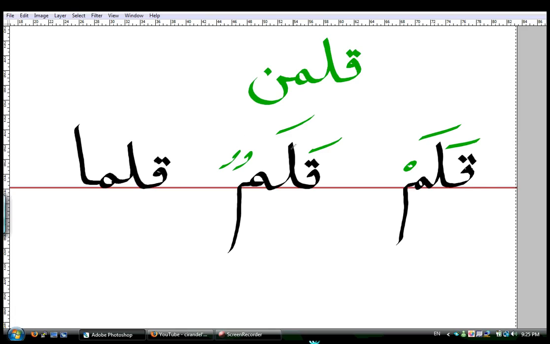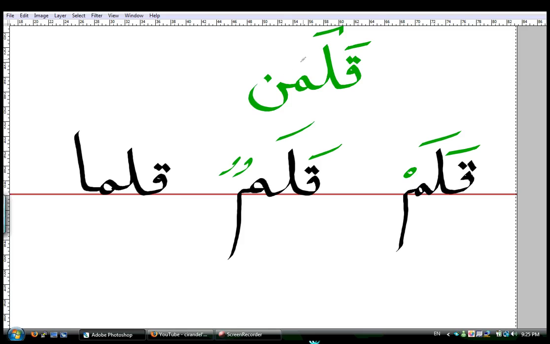So it's pronounced as if it's qa la and mun. So notice what happens. It's because of the double dhamma. The first one comes on top of the original letter. The other one would create a noon, and this noon always has a sukun on it. So this is pronounced qalamun.